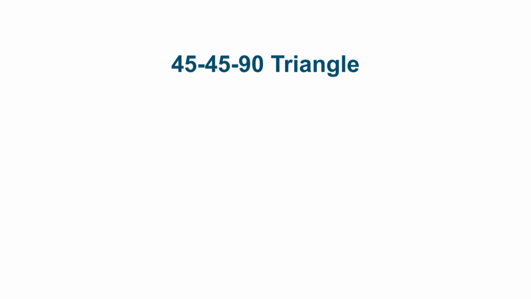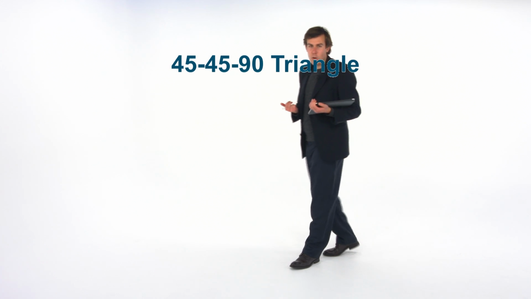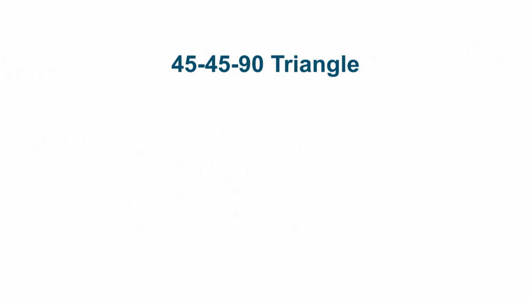So that's the first of what you might call the special triangles that you should really have committed to memory. The second one is the 45-45-90 degree triangle. Now this is special because not only is it a right triangle, it's also isosceles, meaning that two side lengths, namely the two legs of the triangle, have the same length. So it's really quite a simple picture.